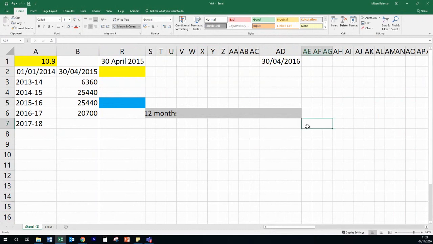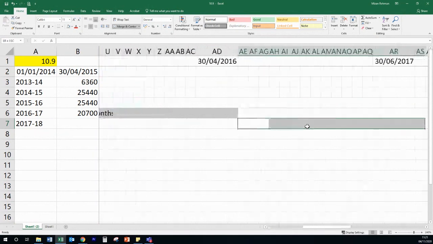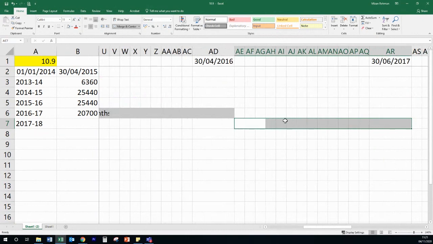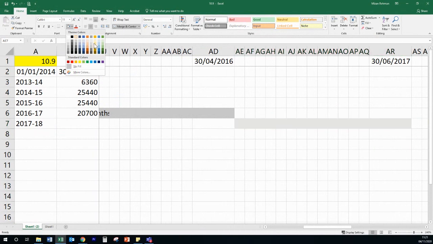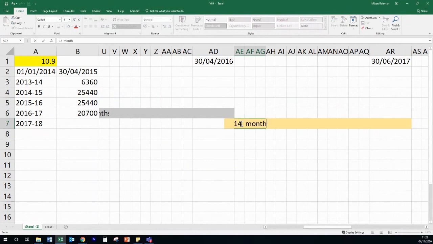So from this date, he decides that he will do it for 14 months now till 30th June. So that's my date, as you can see on the top. So the situation is that this is 14 months. And the second thing is that the actual profit is 33,300.